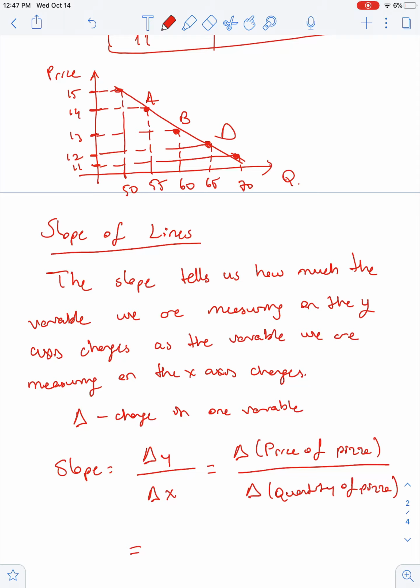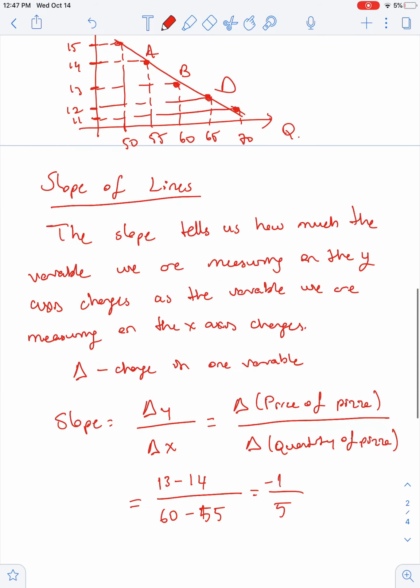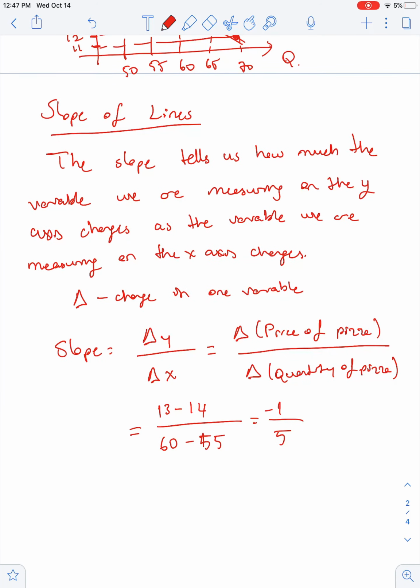From A to B, price changes from 14 to 13. So 13 minus 14 divided by 60 minus 55. This is minus 1 over 5. So the slope is this.